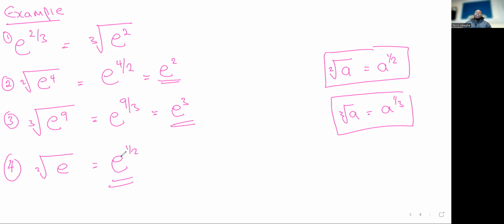So you can see it's a very simple rule, okay? Basically, what we are saying is the denominator of the power is the root, while the other one is the power of the exponent. And like what I said previously, we have exponent x over y. This is the same thing as saying the yth root of the exponent x. And you can also go back: you can have this and convert it back to the index form.